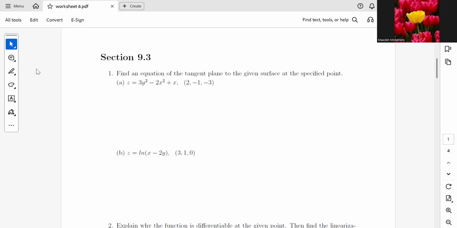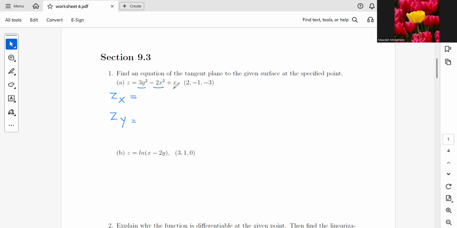Now that we have the point and we have the formula of the function, we're going to find the partial derivative with respect to x and also with respect to y. When we're finding the derivative with respect to x, the first term doesn't have any x in it.